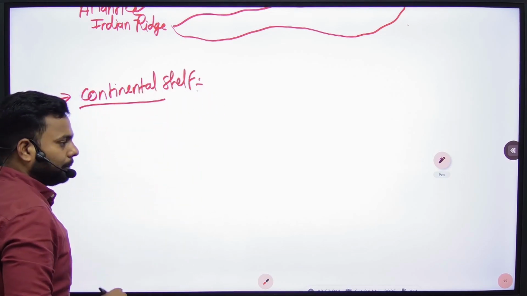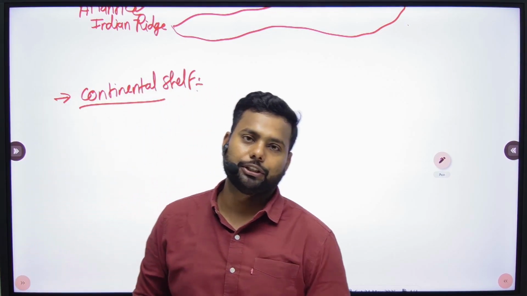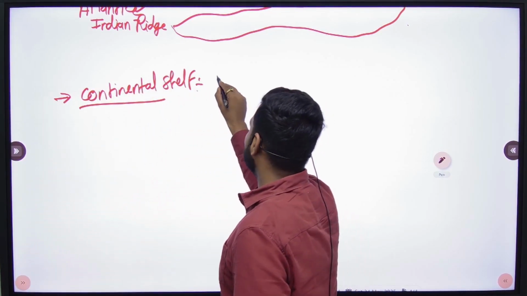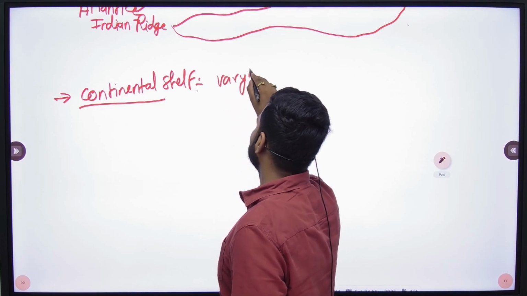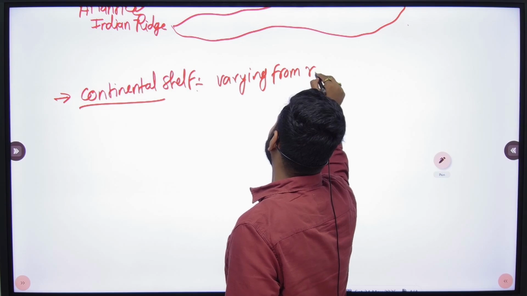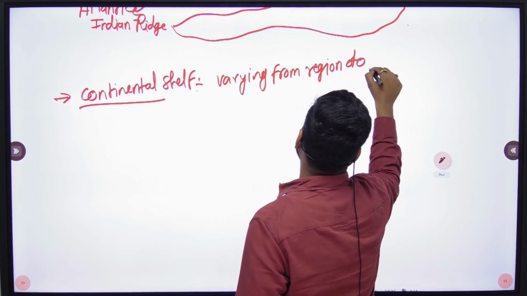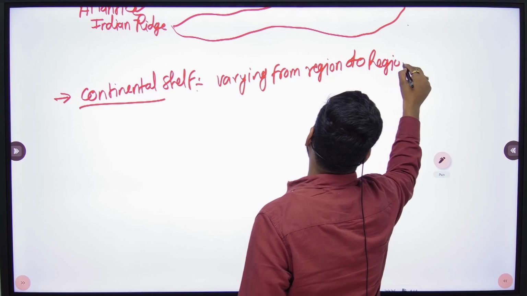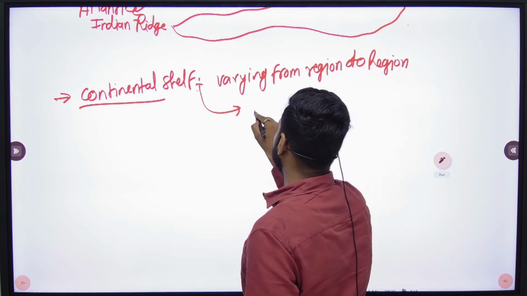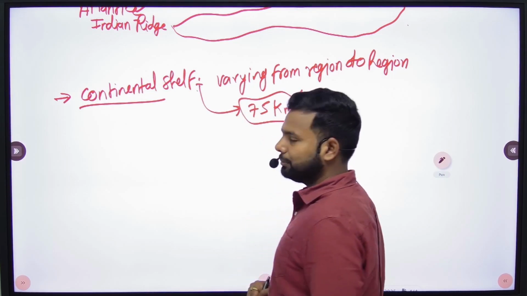You can put down that the continental shelf of the Indian Ocean varies from region to region, but normally it extends 75 km from the coastline.